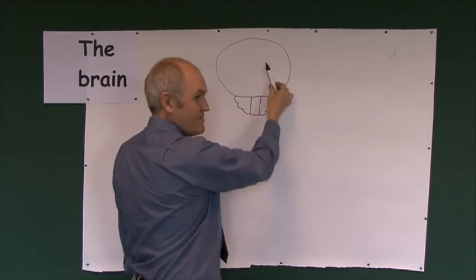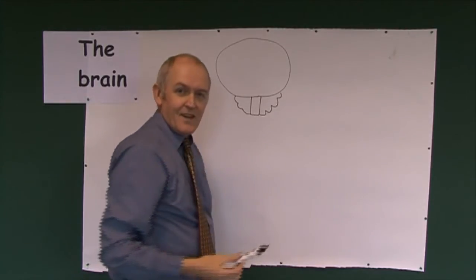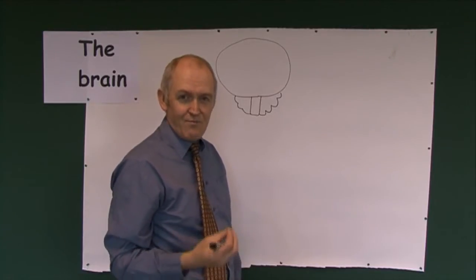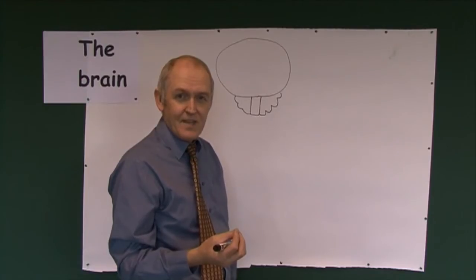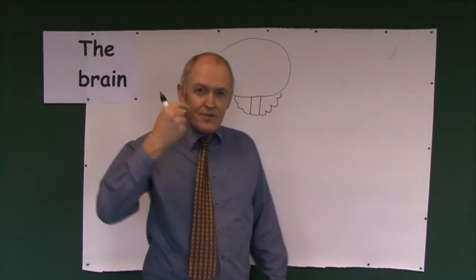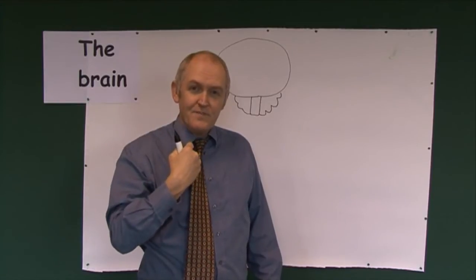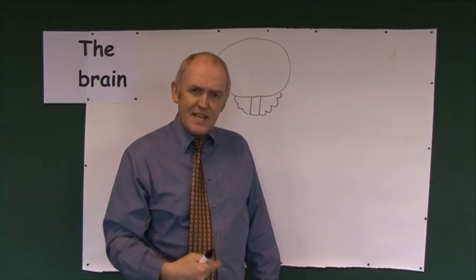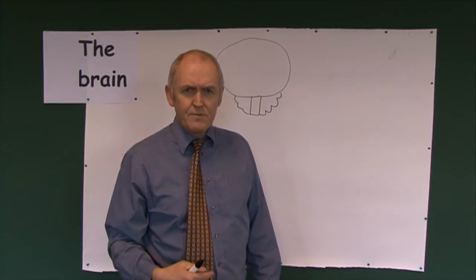So cerebrum, brainstem, cerebellum. And we've also learned that the spinal cord is a continuation of the brainstem, a continuation of the medulla oblongata. And the spinal cord comes out the foramen magnum at the base of the skull, through the cervical vertebrae, through the thoracic vertebrae, and it terminates around about the level of the first or second lumbar vertebrae in most people.